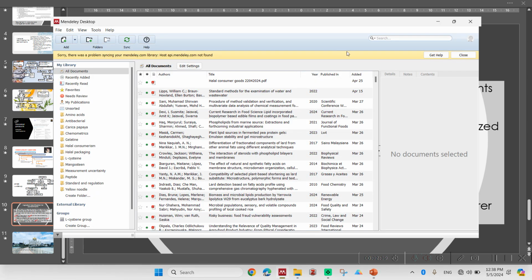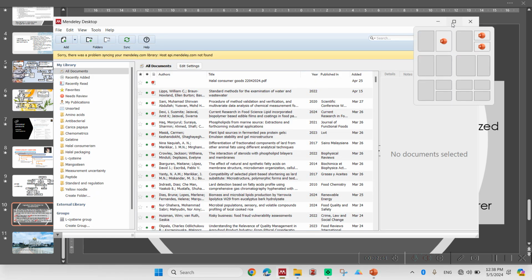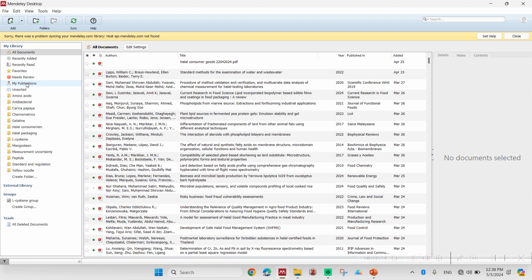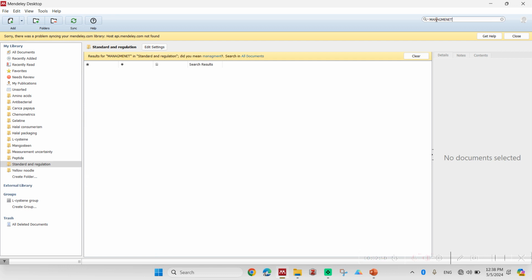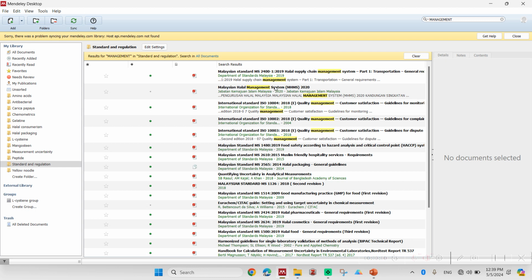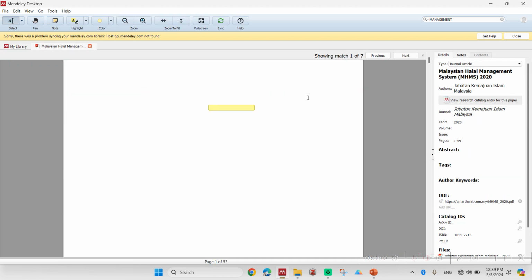So talking about this Malaysia standard as your reference, let's start first. This is the Malaysia Halal Management System.